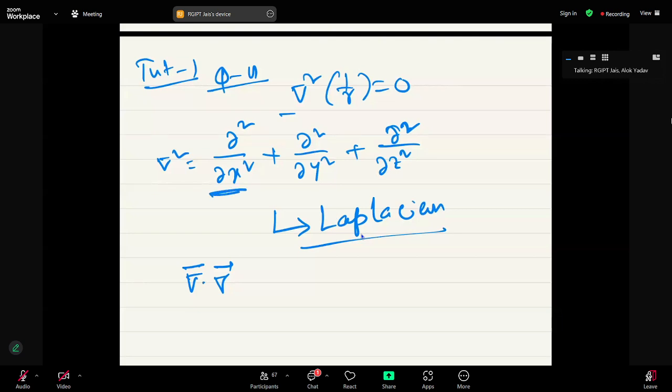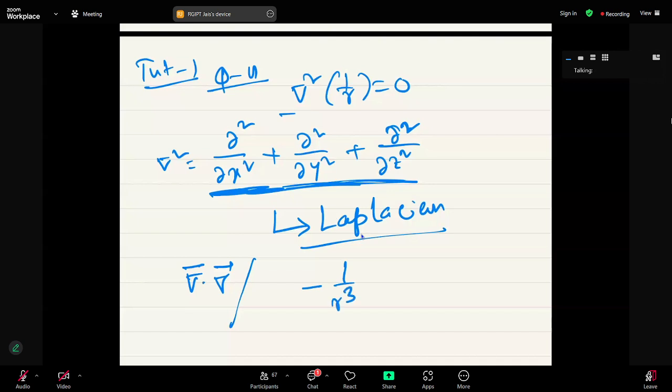Here the answer comes 3 by r cube. If you take this Laplacian operator, then also it is not 0, right? Yes, I think it is not 0. You should get a value like minus 1 by r cube.